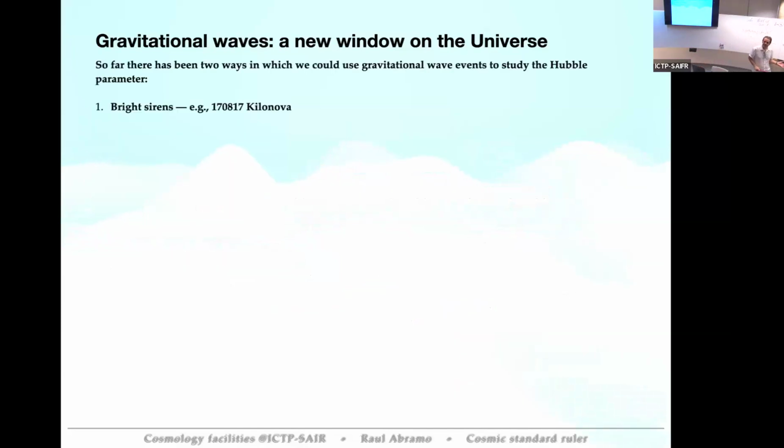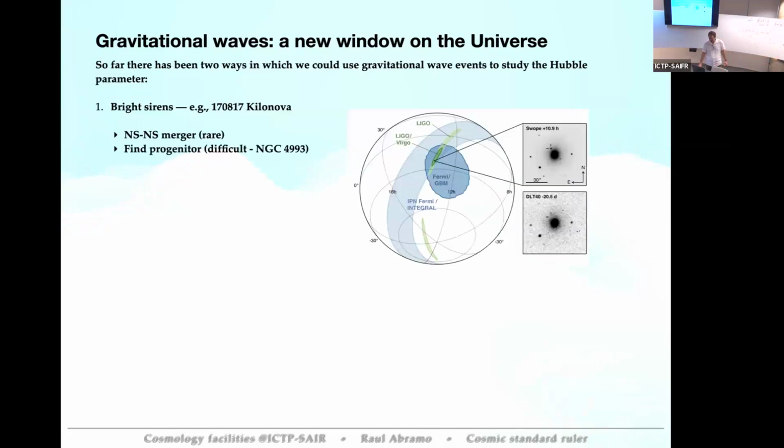How can we then use this distance to infer something about cosmology? Because we need to connect that to redshift somehow, because it's not only the distance, we also need the redshift for the velocities, for time, and so on. So one obvious way is to use a bright siren, which is something that you observe not only in gravitational waves, but also in optical or some electromagnetic signal that allows you to get the redshift.